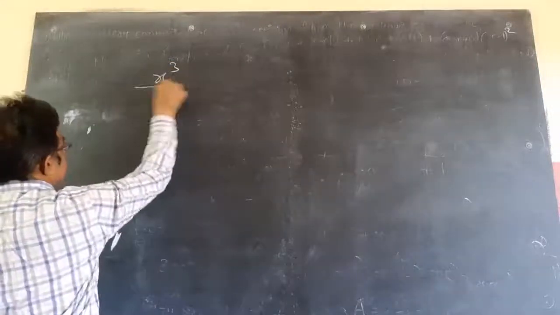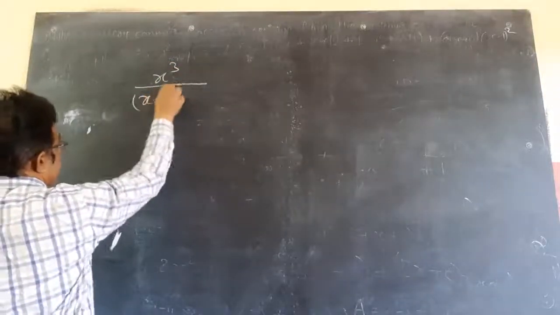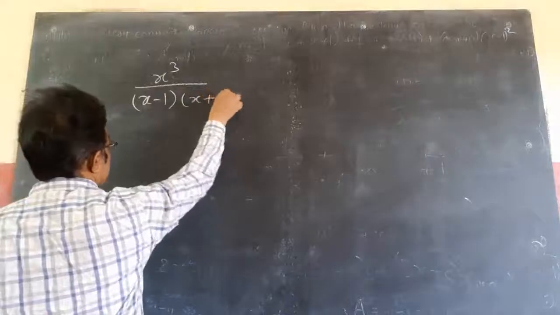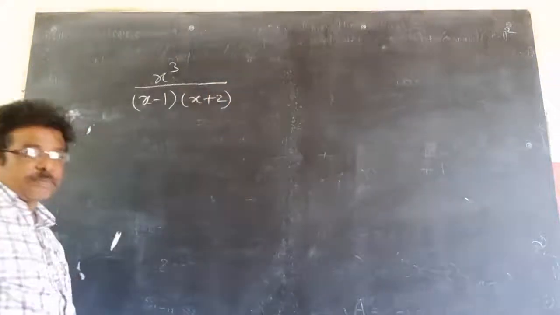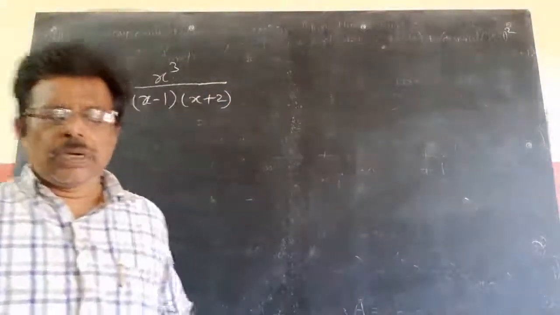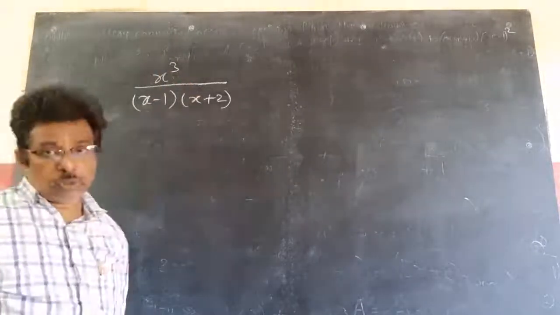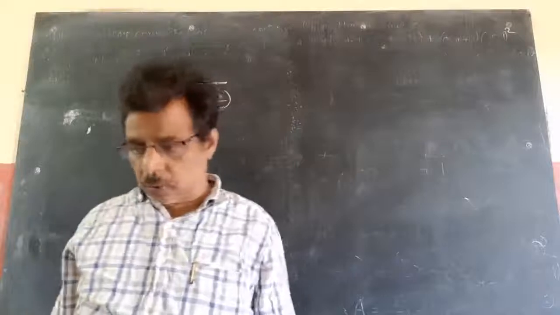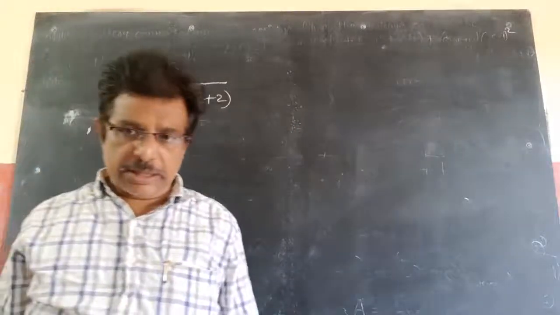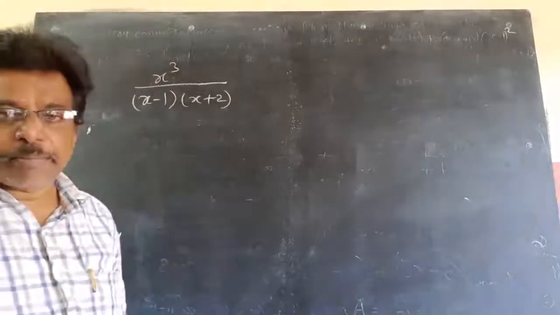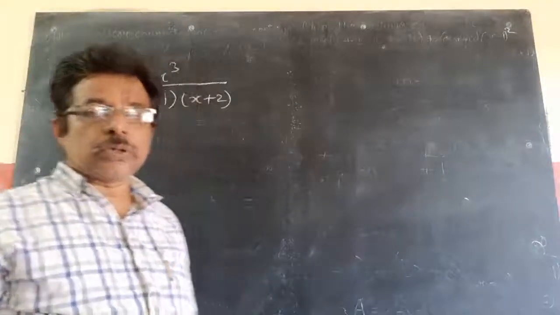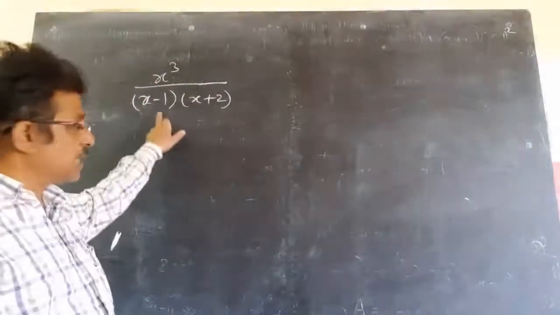Here the degree of the numerator is 3 and the denominator is only 2, so it is an improper fraction. So how to solve? First divide the numerator with the denominator.